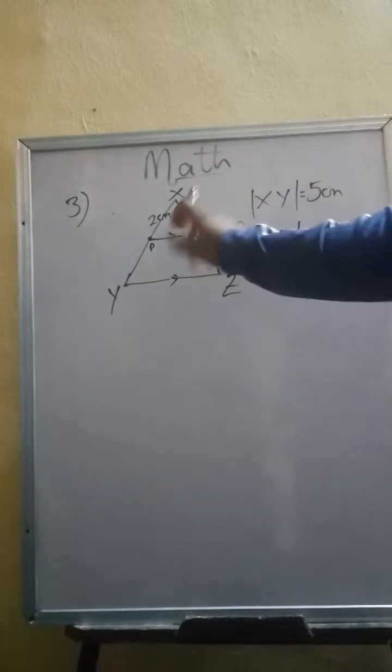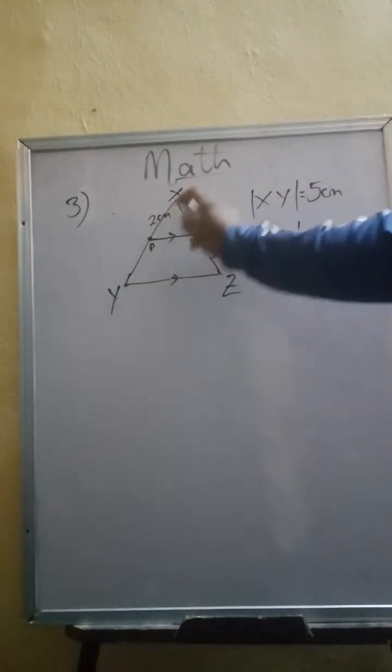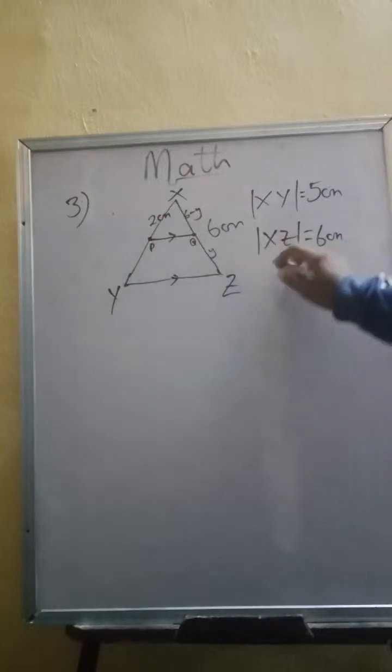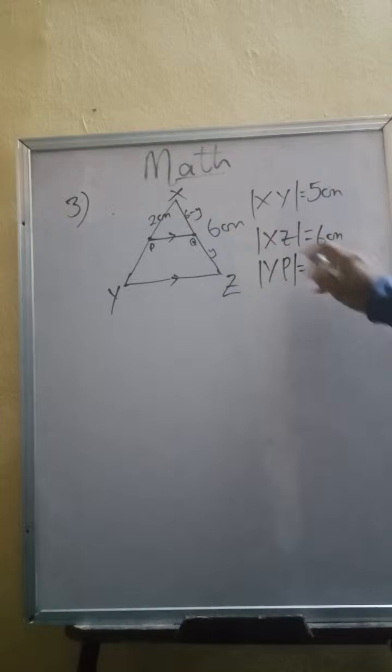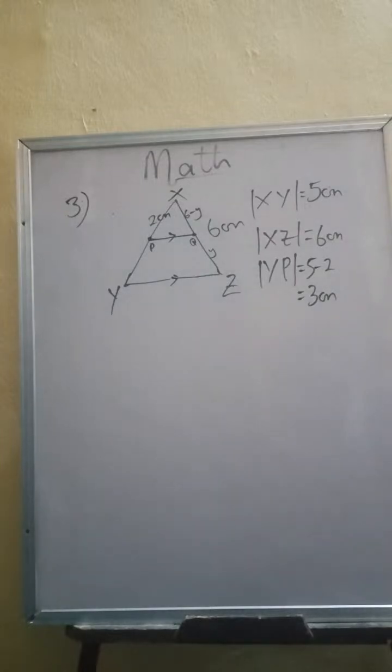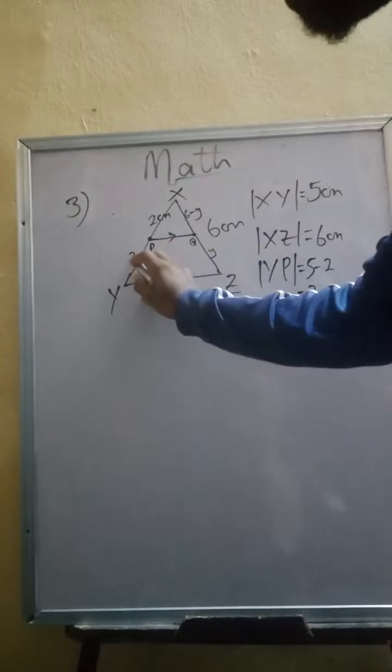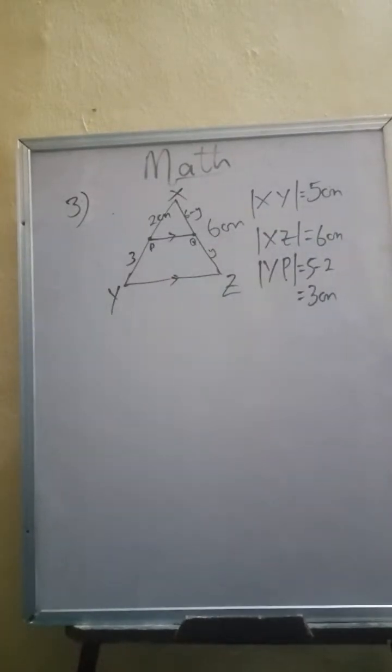So if line XY is 5 cm and XP is 2, that means YP is 5 minus 2, which is 3 cm. So this is 3. Now we'll be using our ratio of corresponding sides, as it has to do with similar shapes.